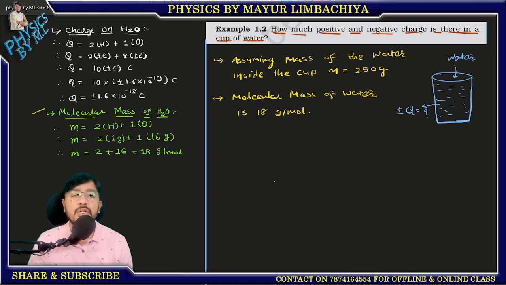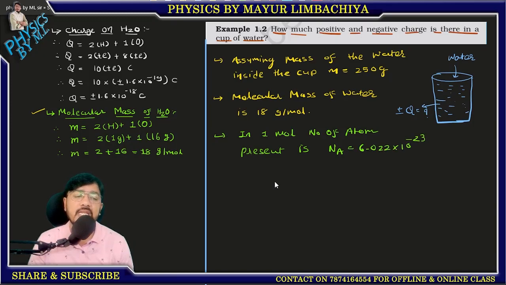And dear students, we also know that in one mole the number of atoms present is Na is equal to 6.022 into 10 raised to plus 23.